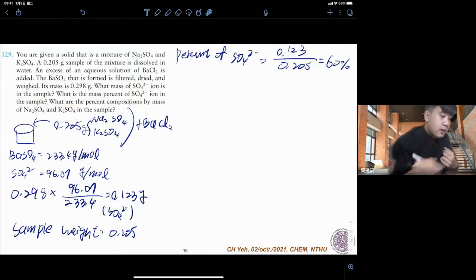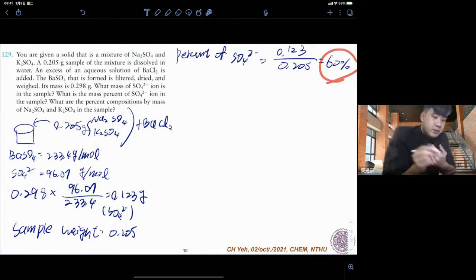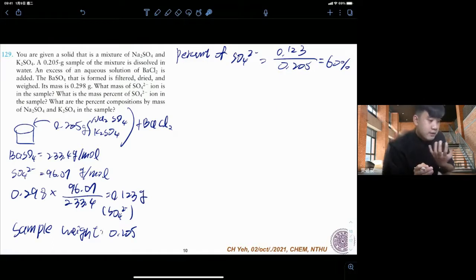Okay, so we don't have to focus on the original question from now on, because we already have the percentage of the sulfate ion inside this mixture. So let's make our problem easier.